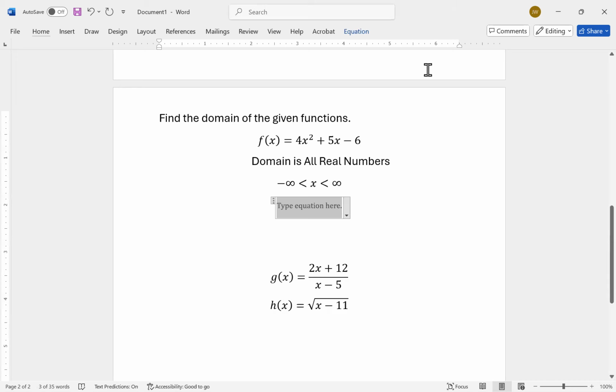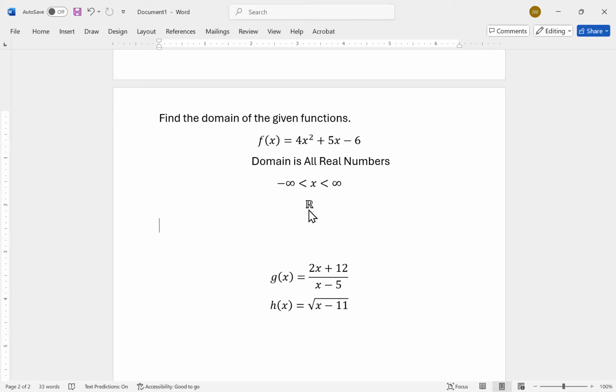Let me go find that. There it is, the R with a double slash. Sometimes when people write this, they'll write a double slash on the right side and then just the letter R. Usually when you write this by hand, two slashes on the left with an R. That's how you write it by hand.